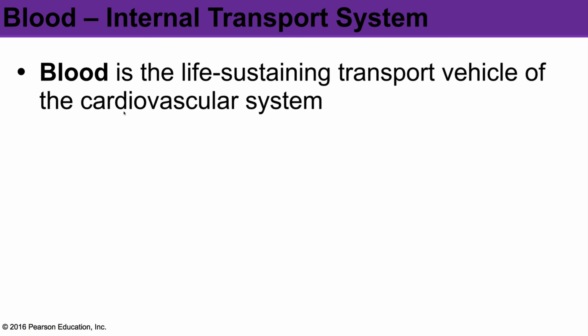So when you look at this term, cardiovascular, what we see is heart and vessels. The vascular or the vessels are our arteries, our veins, and capillaries. And then cardio is the heart. So this is the energy or the pump that's pushing all the blood around.